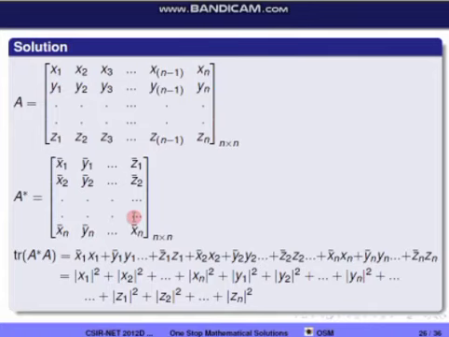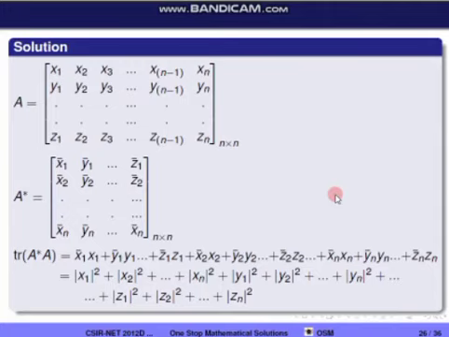So when we do this, we get trace of A star A equal to x1 conjugate x1 plus y1 conjugate y1 plus etc. up to z1 conjugate z1, plus x2 conjugate x2 plus y2 conjugate y2 plus etc. up to z2 conjugate z2, etc. up to xn conjugate xn plus yn conjugate yn plus etc. up to zn conjugate zn. We know z times z conjugate is equal to mod z square.